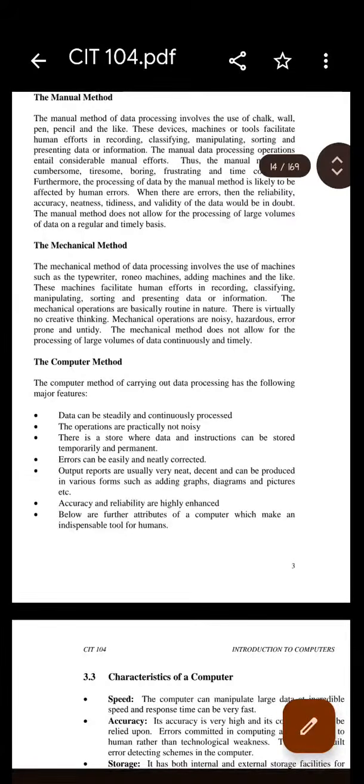Read only memory. It is a storage in which the files are stored permanently. ROM is a permanent storage space. So it is a secondary storage device because it stores data and information permanently. ROM stands for read only memory.